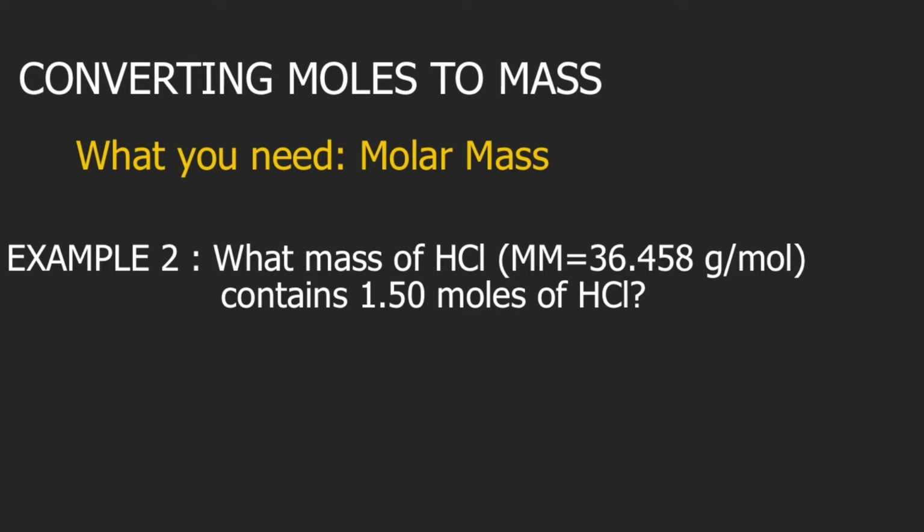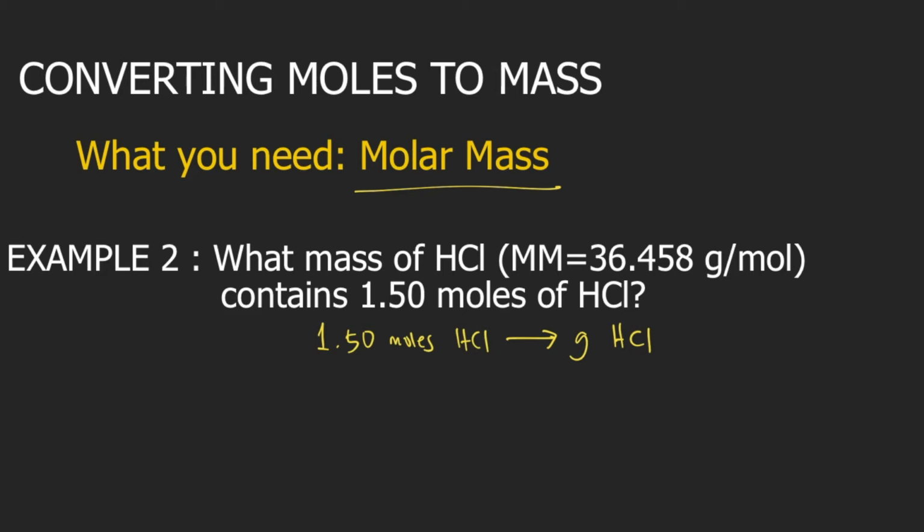Let's try the other way around, converting moles to mass. So what we still need is the molar mass. What mass of HCl contains 1.50 moles of HCl? This time, we are given the moles of HCl, and we will convert this to mass or to grams of HCl.